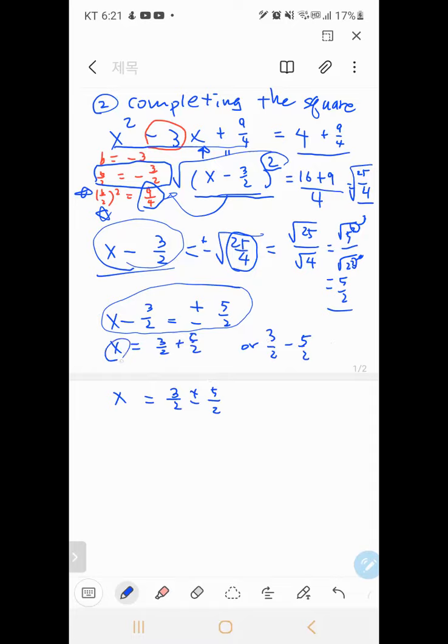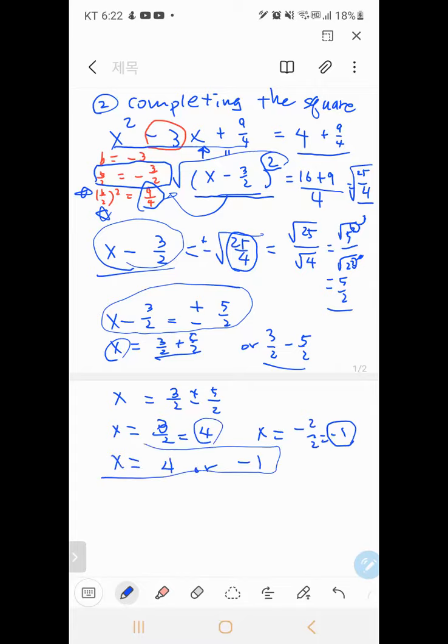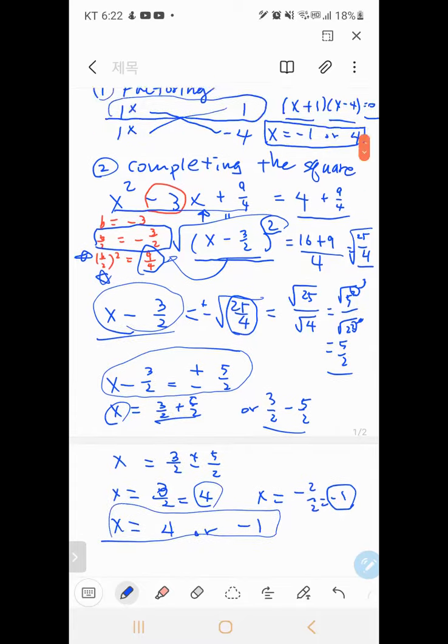And they're both solutions for x, right? So let's calculate this part. So we get x is equal to 8 over 2, which is 4. And then we get x is minus 2 over 2, which is minus 1. So x is 4 or minus 1, and that's my final answer. Let's see if we have the same answer as last time.